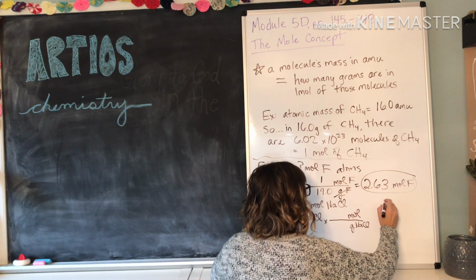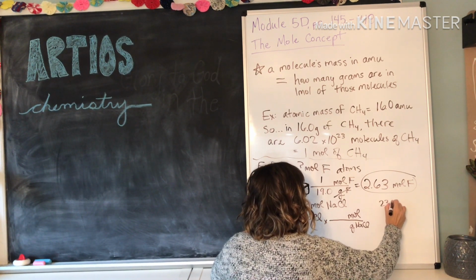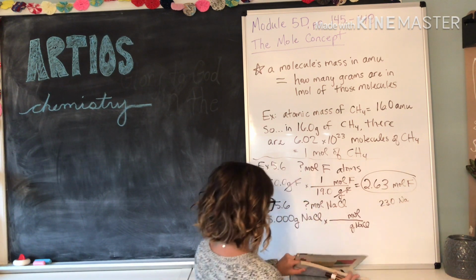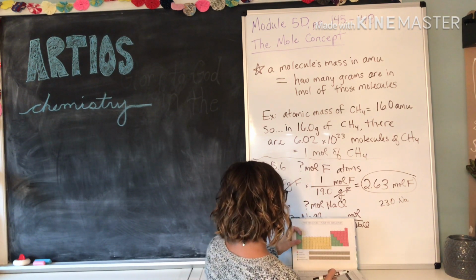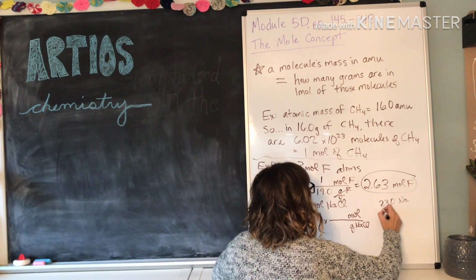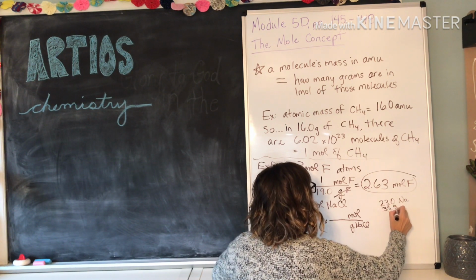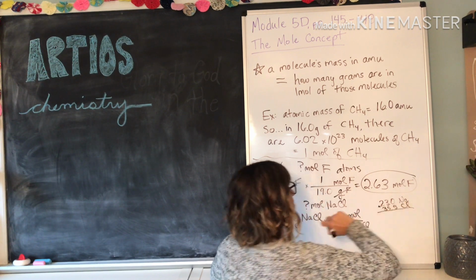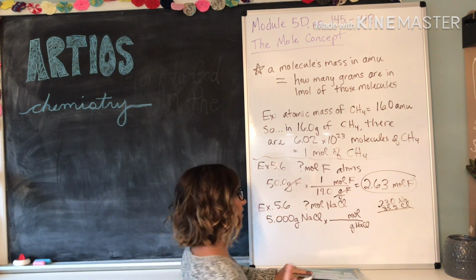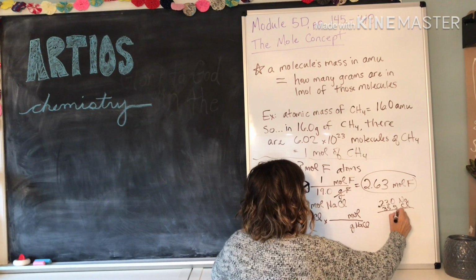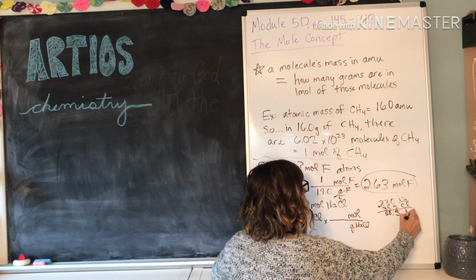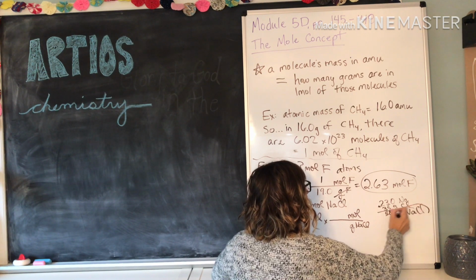I'm just going to write it on the side over here. 23.0 for sodium. And then for chlorine, Cl, 35.5. So we're going to add these together. There's 1 sodium and 1 chlorine. So we get 58.5, which is the molecular mass for NaCl.